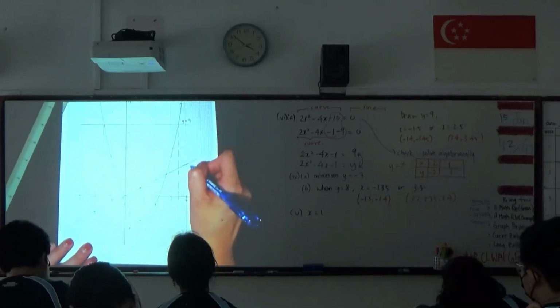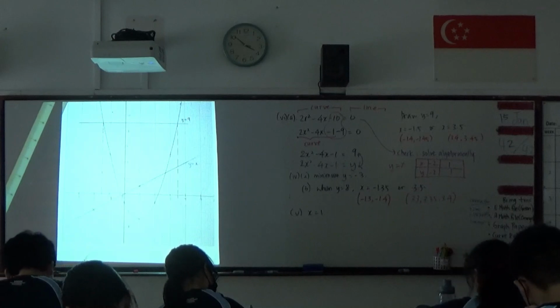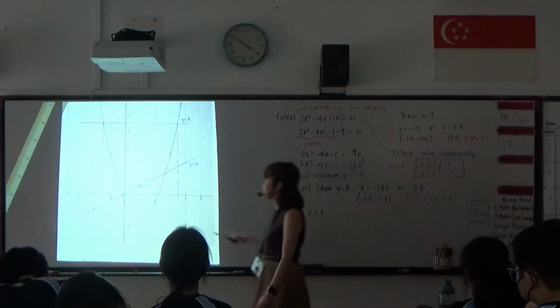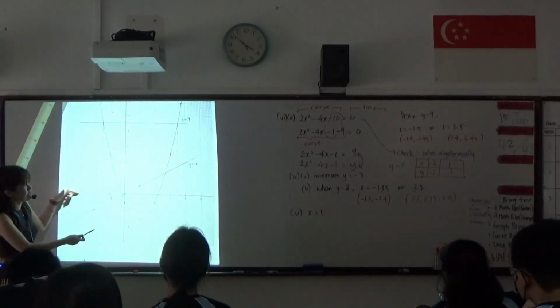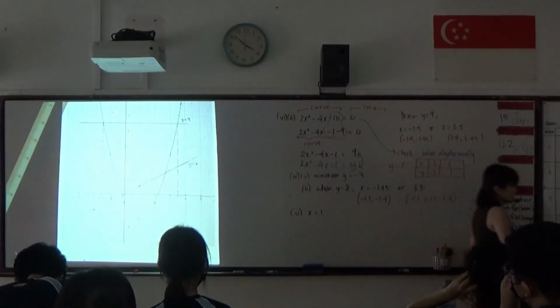So this is the line y equals to x. Then with the intersection points, we read downwards or upwards towards the x-axis, we will then be able to figure out the solution.